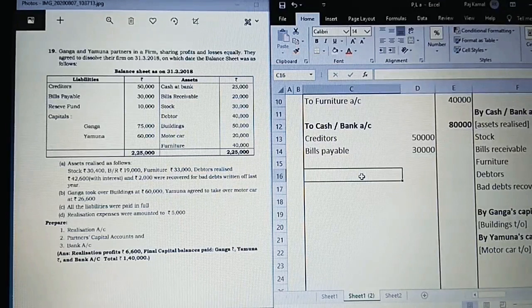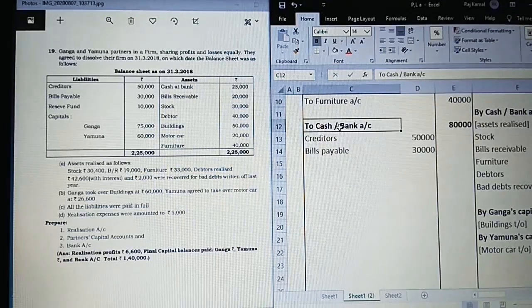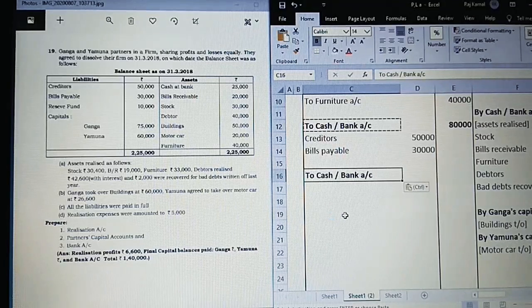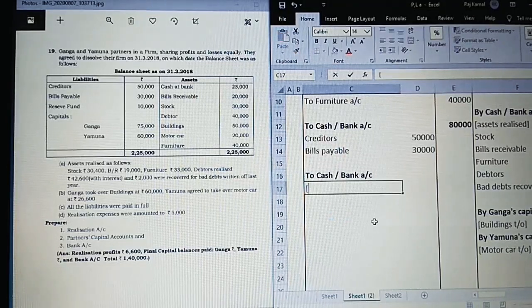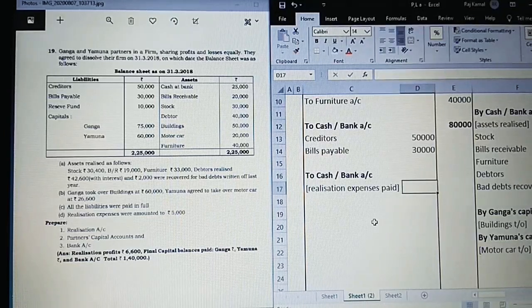Then the last adjustment is related to what? Again, it's related to realization expenses. So we have to show that it is being paid. Realization expenses paid. What is the value of that? 5,000 as we have seen.